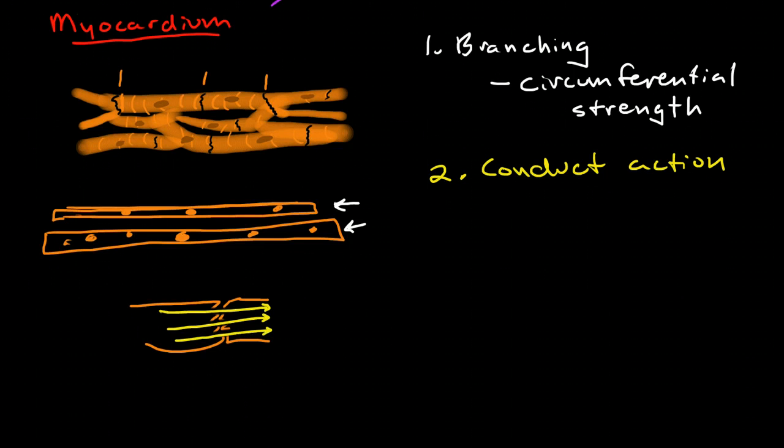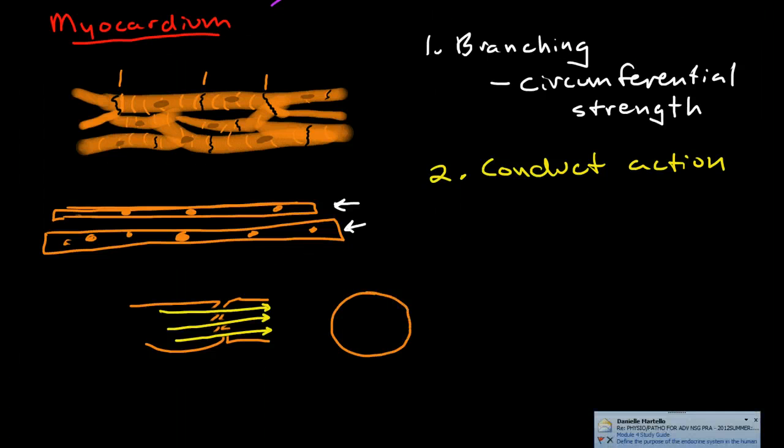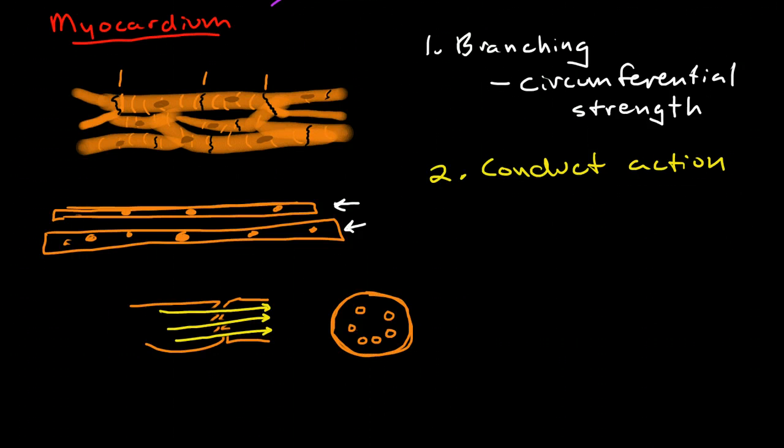Okay, so let me show you an end-on view. If you looked at a cell from the end, there are these 6 protein pores that connect the two cells together, and these protein pores make up what's called the intercalated disc, and that is just the end-on disc that connects one cell to the next.